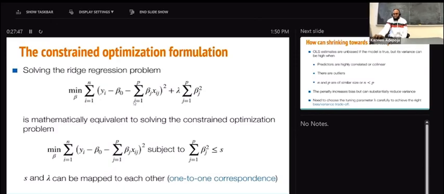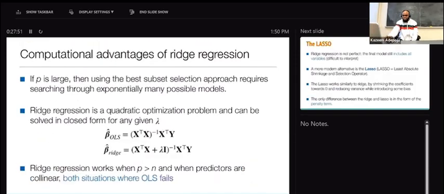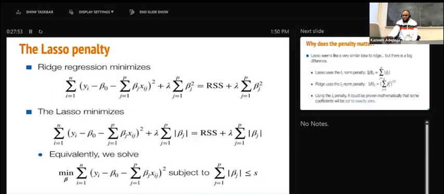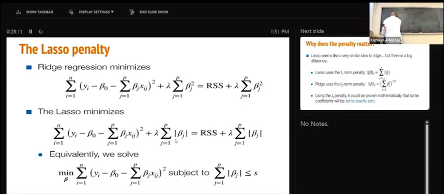Let me quickly show you the lasso one so that you can see the difference. Instead of having the summation of beta j squared, I'm having an absolute value. I want us to think now.